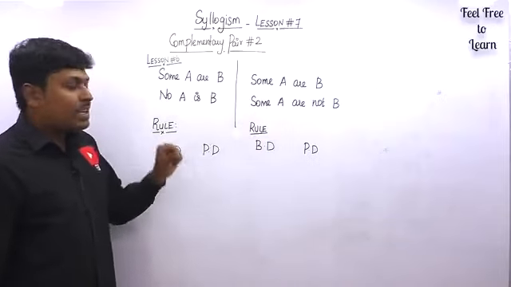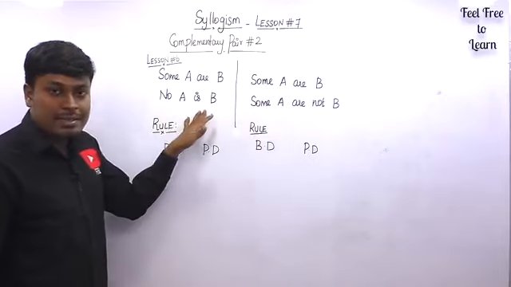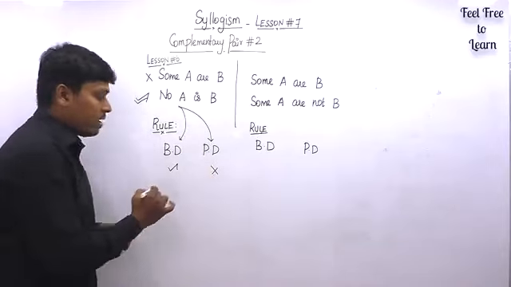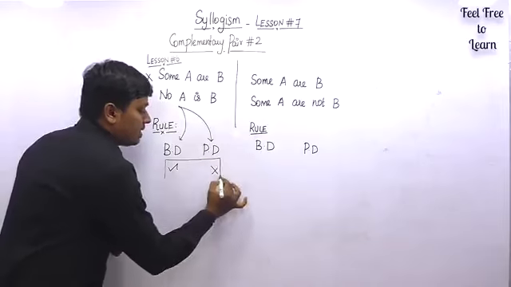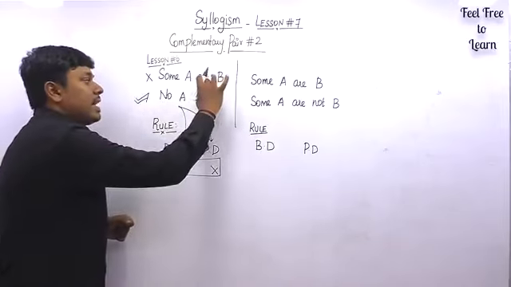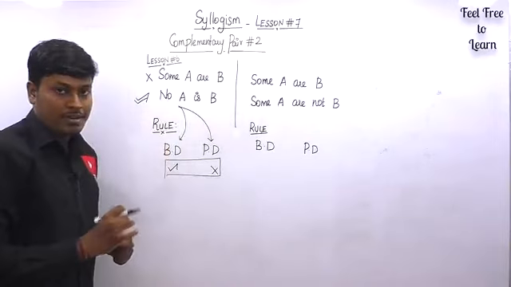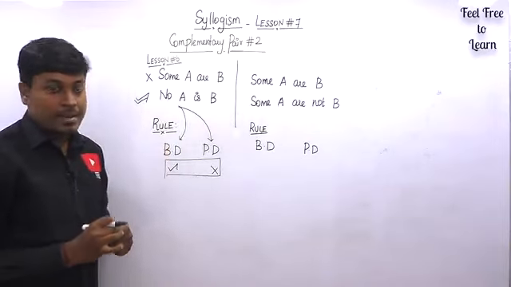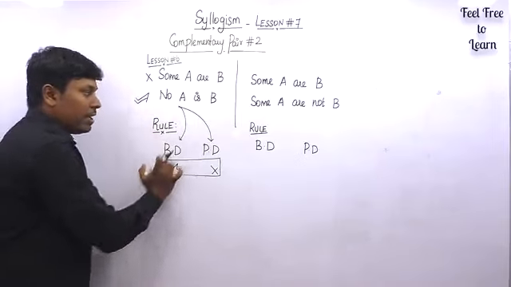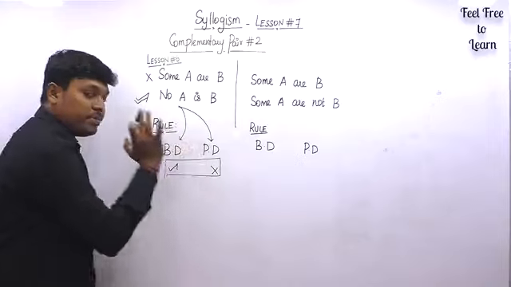Let me recall what I taught you in lesson number 6: in one diagram the conclusion should be true, and in another diagram it should be false. Only then should you say the given conclusion satisfies the complementary pair rule, and the answer for this question is "either or". In the basic diagram the "no" conclusion should be true, and in the possible diagram the "no" conclusion should be false.